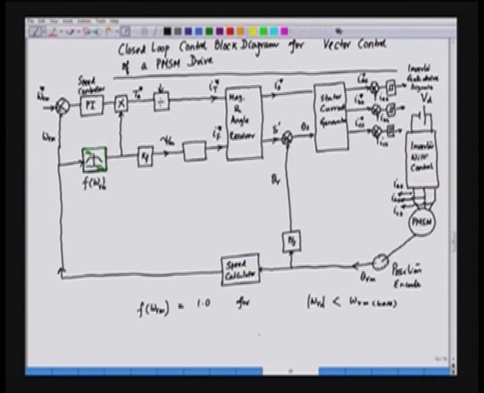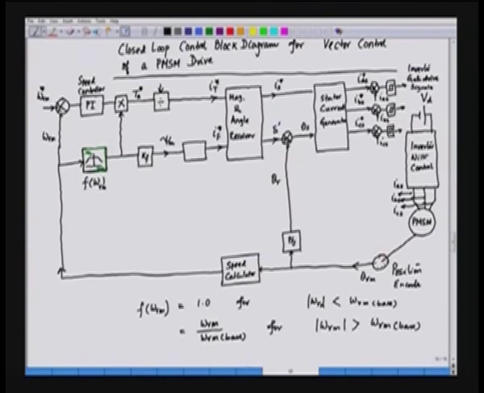So, if omega rm is less than omega rm base, this function is equal to 1, and that is equal to omega rm by omega rm base for speed omega rm higher than omega rm base.